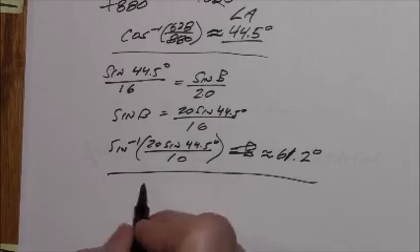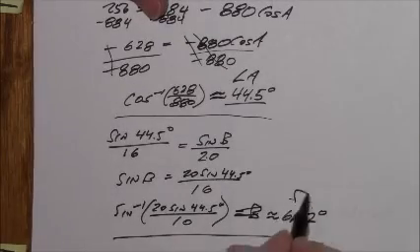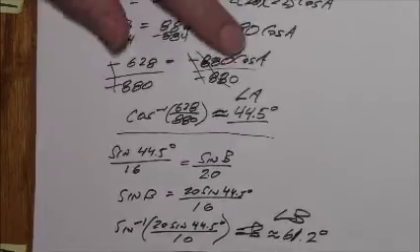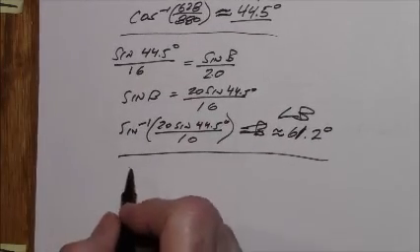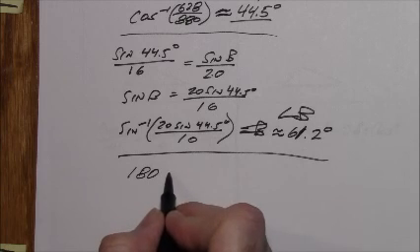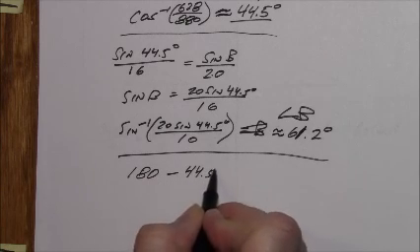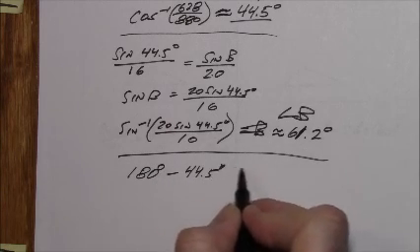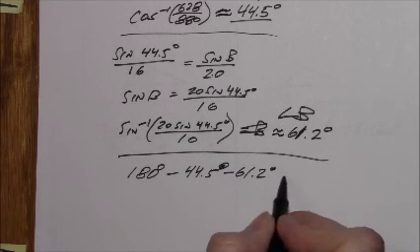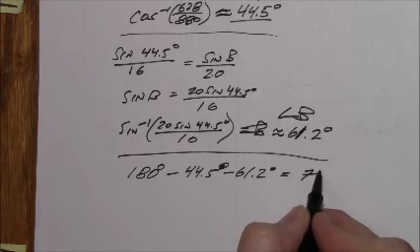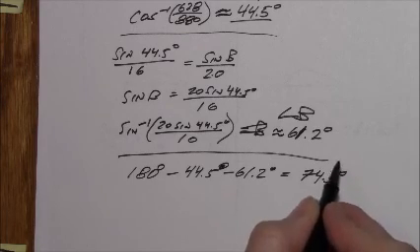So what we now have is two of the angles, angle B and angle A, and if we add them up and subtract from 180, we will get angle C. So 180 degrees minus 44.5 degrees minus 61.2 degrees is going to be equal to 74.3 degrees for C.